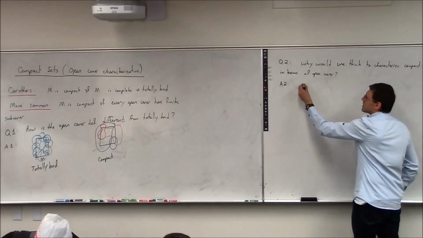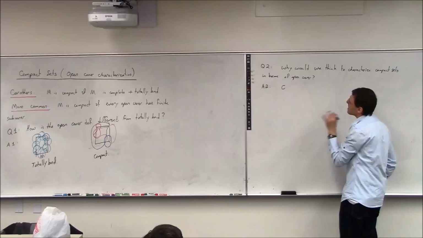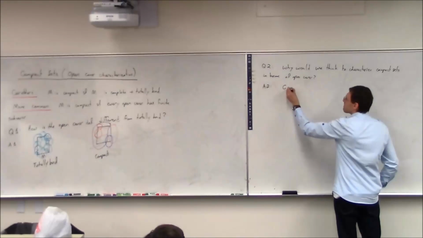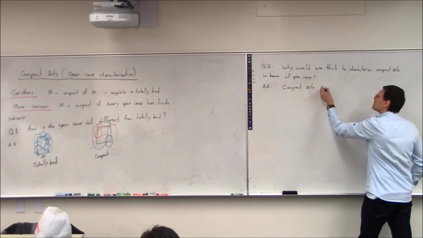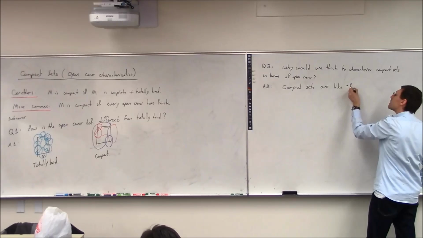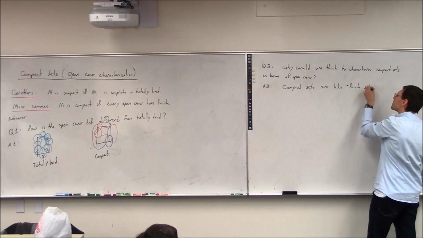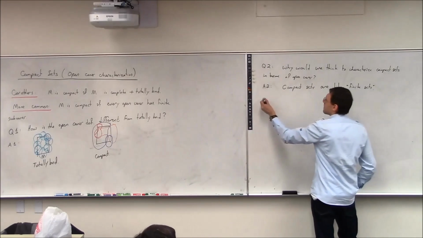Compact sets are like finite sets in terms of continuous functions, and that's what I'll try to explain. So here is why.